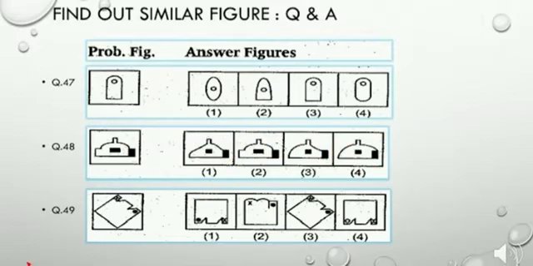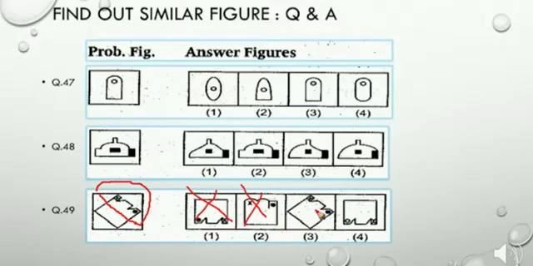Let's go to question number 49. Let's check for this portion. See, this basic shape in option 1 is not the same because see the orientation of this diagram itself, it is slanted, whereas this is standing. This can't be the answer. In the next option also, the angle of the shape itself is not the same.